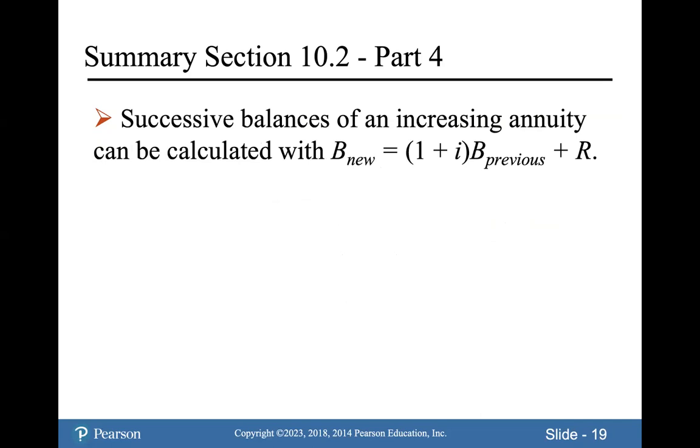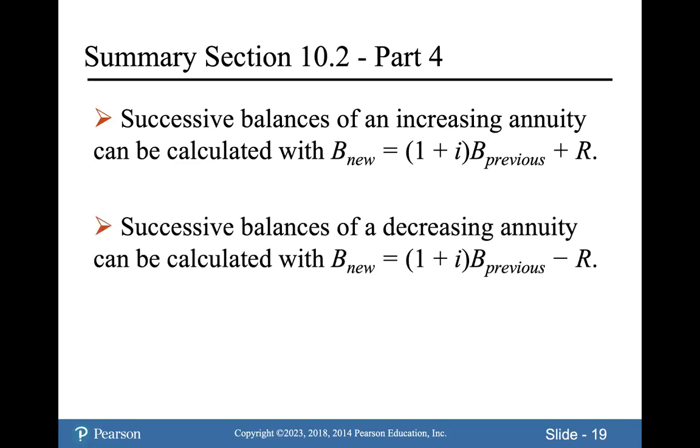And this didn't come up in any of the examples, but successive balances of an increasing annuity can be calculated using B sub new equals 1 plus I times B sub previous plus R. And for a decreasing annuity, it's the same formula, only with a minus.